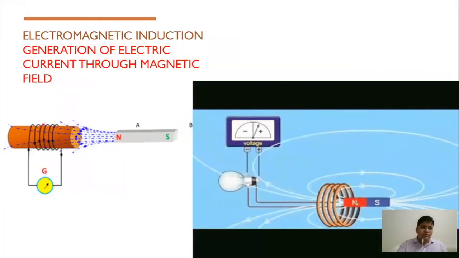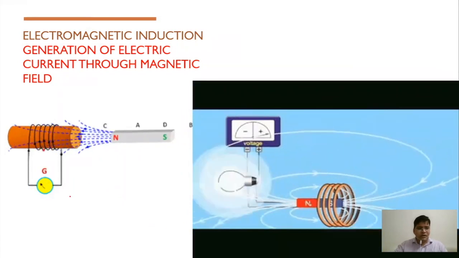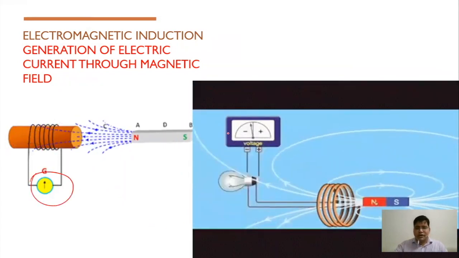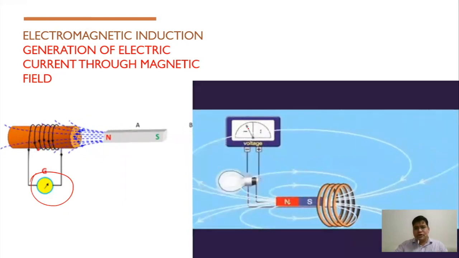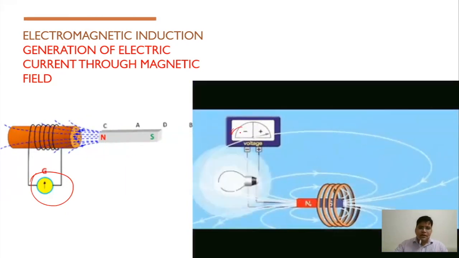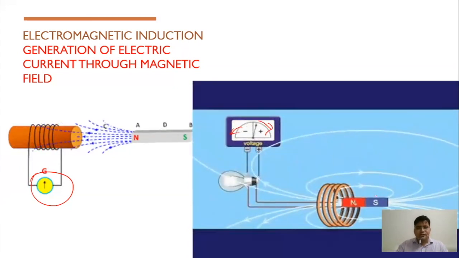Here you can see the generation concept of AC. A galvanometer is connected, and in this figure you can see the needle of the voltmeter going in one direction and then again in the other direction depending upon the orientation of this magnet.